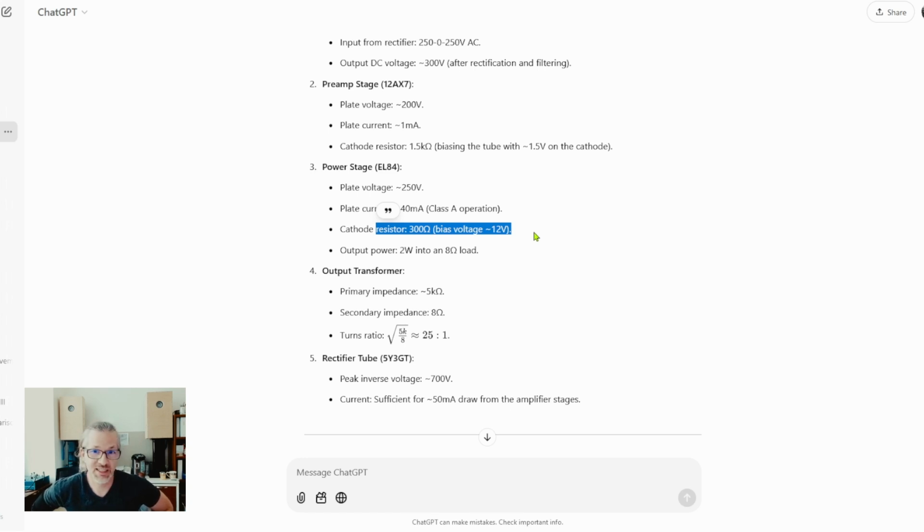Especially if we are exceeding the plate voltage, keeping it super high, then my recommendation is don't go for 100% plate dissipation.